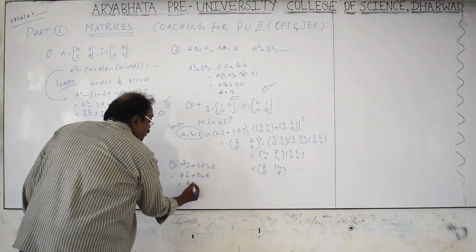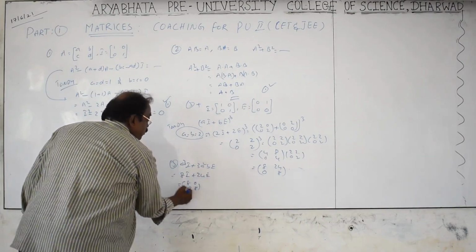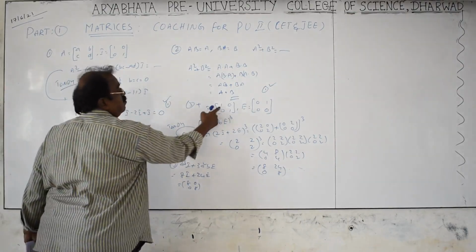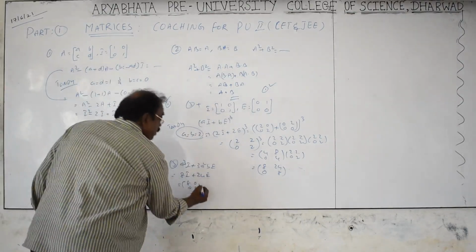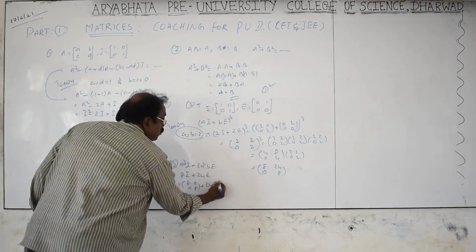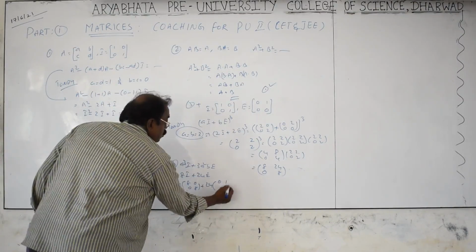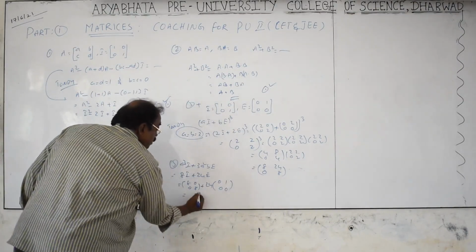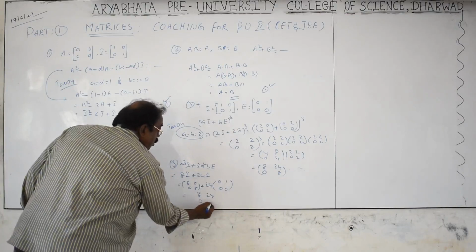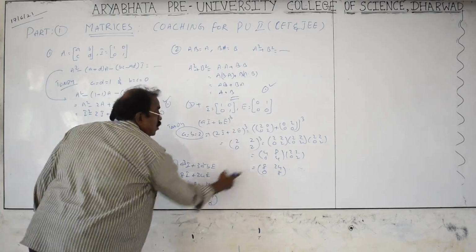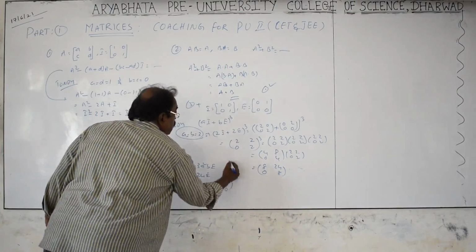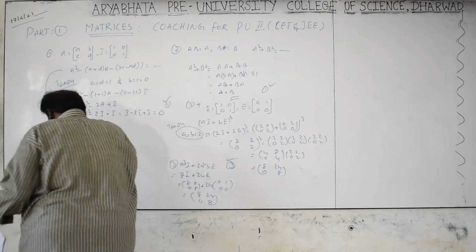That means 8I is [8, 0; 0, 8], and 24E is [0, 24; 0, 0]. Again we get the same [8, 24; 0, 8]. Okay? Both are same. So the third option is correct.